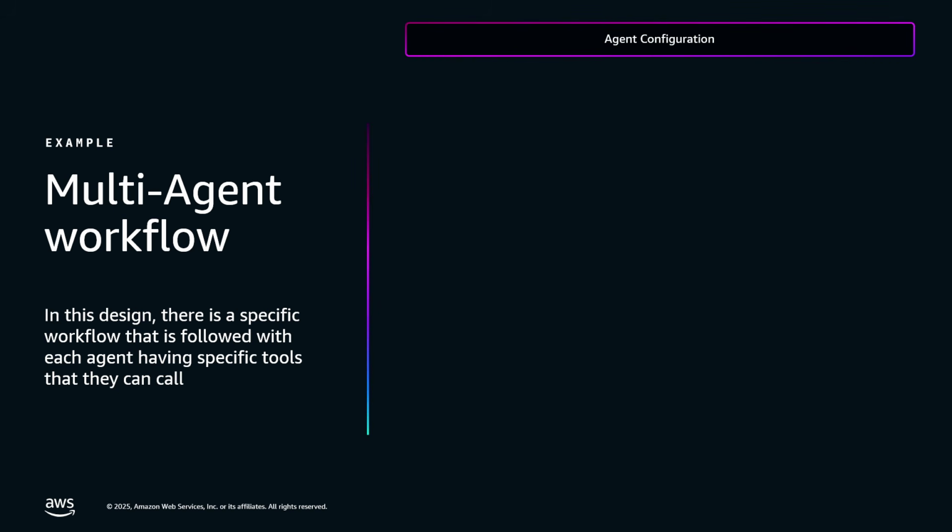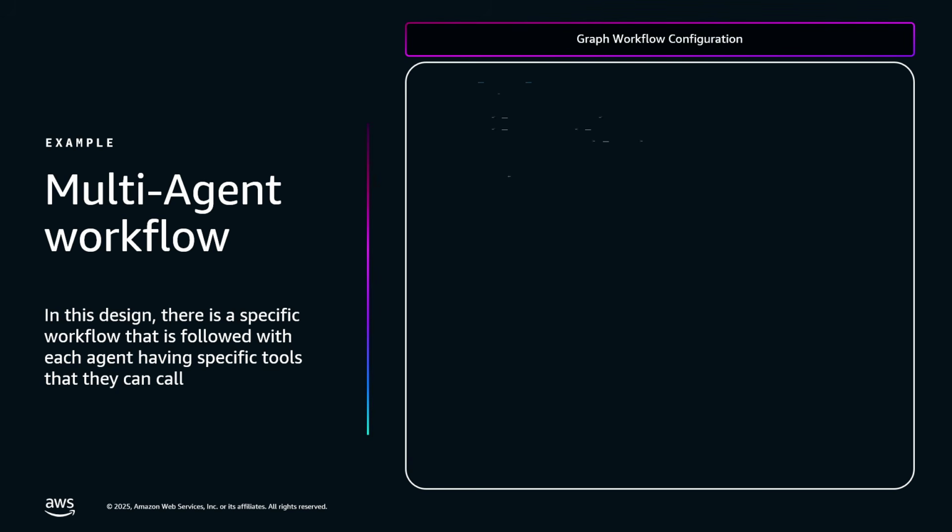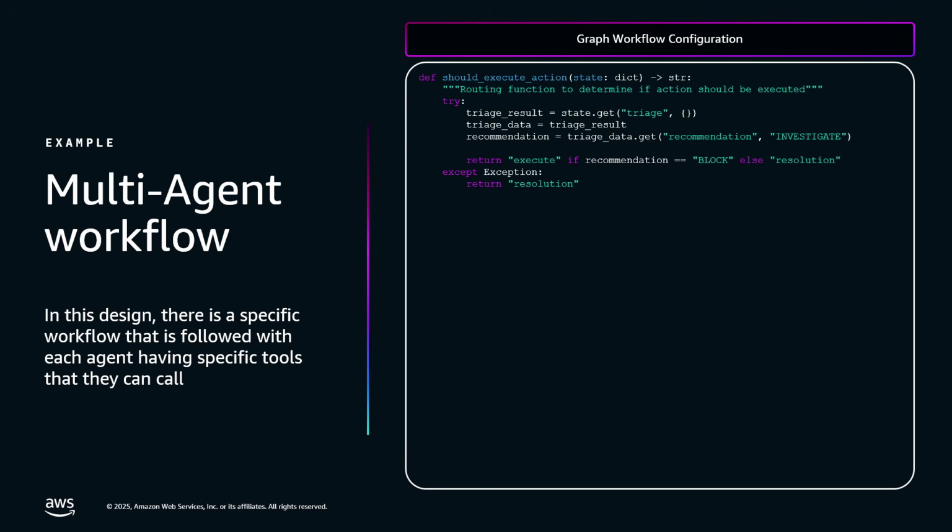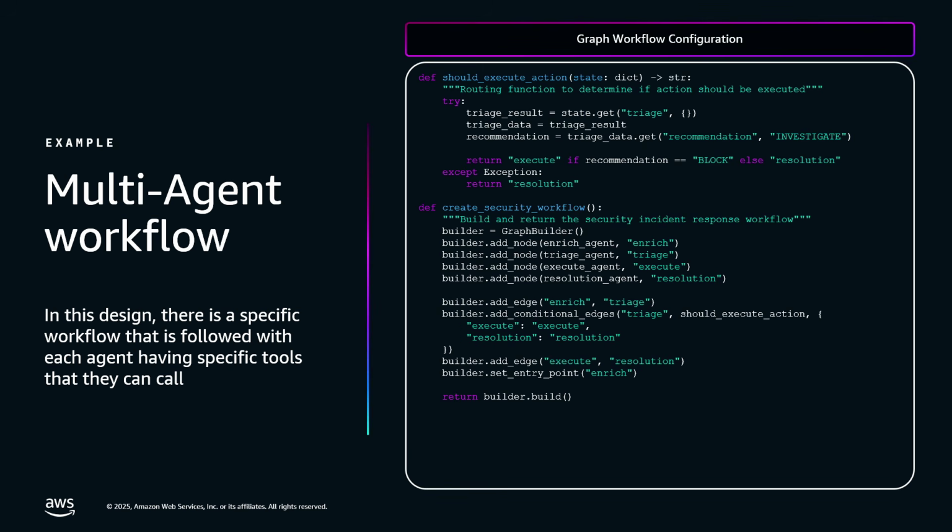And then what we're going to do is wire all of that together in this graph-based workflow. So we'll define, okay, we have our should-execute action. This is going to take the result of our large language model's decision, as part of that if-then statement that you saw in the flow chart in the previous slide. And then we have the security workflow. It's all wired together, as you can see there, where we have a graph builder.